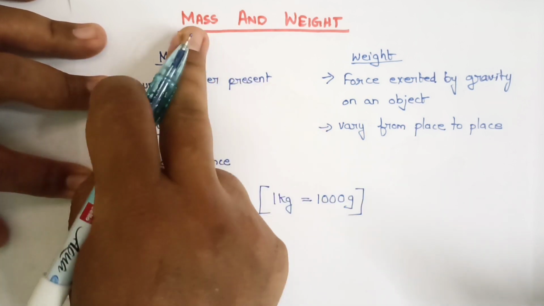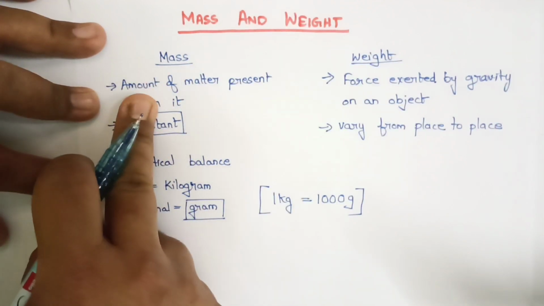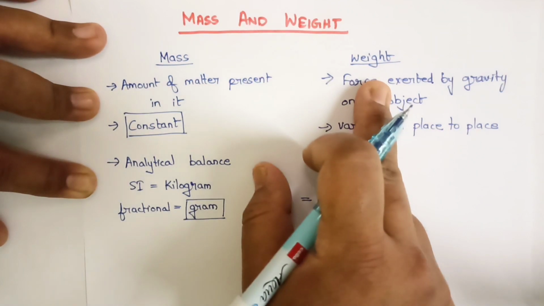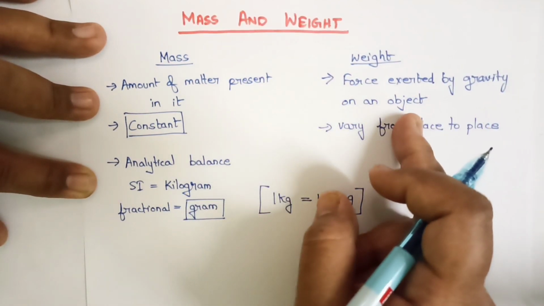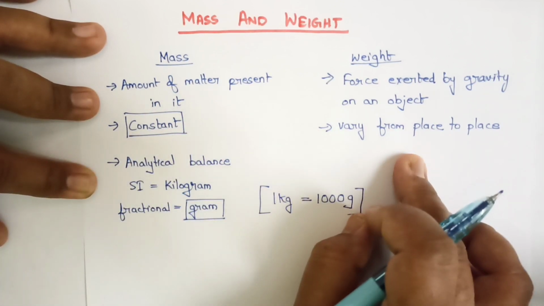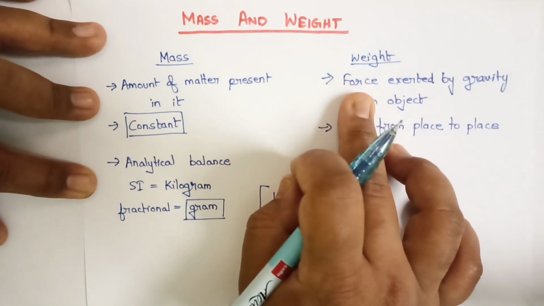So, did you get a brief idea about mass and weight? What is mass? Mass is the amount of matter present in the substance. What is weight? Weight is the force exerted by gravity on that object. Mass is constant. Weight varies from place to place because force is different from one place to another.